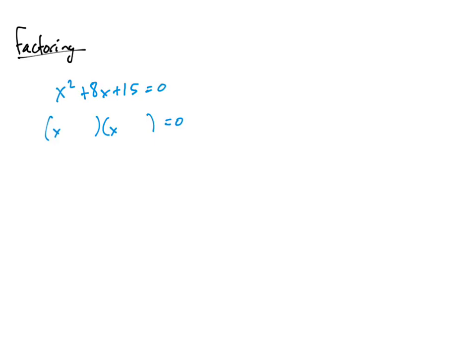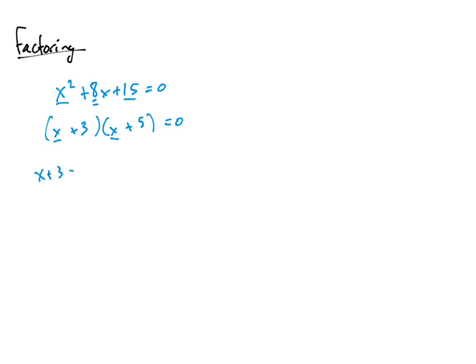We can. First, we have x squared, so in the first two terms of each binomial, we list x, because x times x gives us x squared. Then we ask what numbers multiply to 15 that also add up to 8, and those two numbers are 5 and 3. So this is the correct factorization.